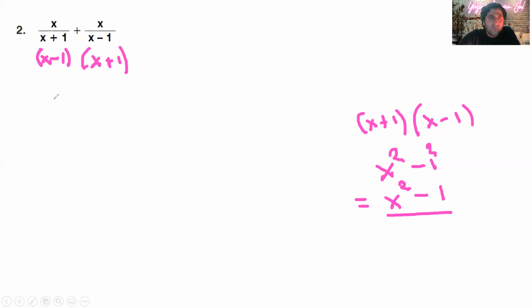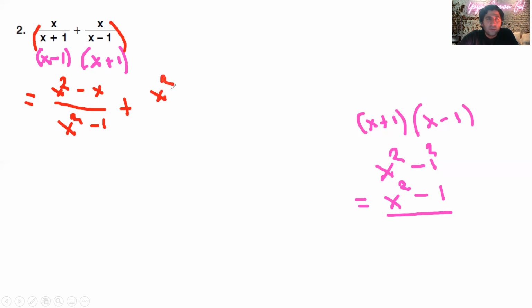We're going to multiply this with the numerator. x times x will be x squared, minus x times 1 will be x, over x squared minus 1, plus, because we need to multiply this also, as we did here, x times x will be x squared, then x times 1 will be plus x, over x squared minus 1.